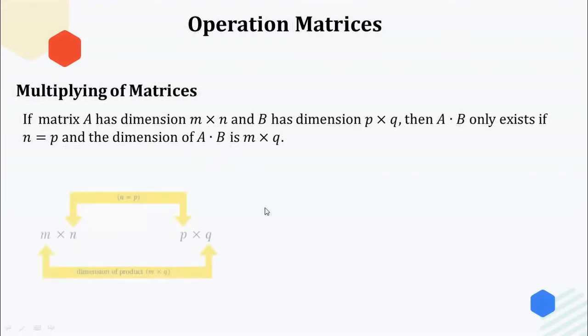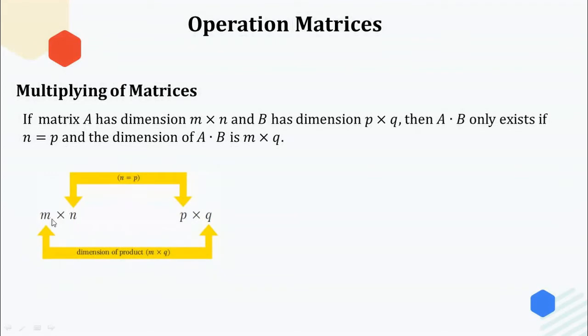So in the diagram here, matrix A has dimension m by n and matrix B has dimension p by q. The rule is that n should be the same as p, so that you can multiply the matrices, but the dimension will be m by q, everyone.